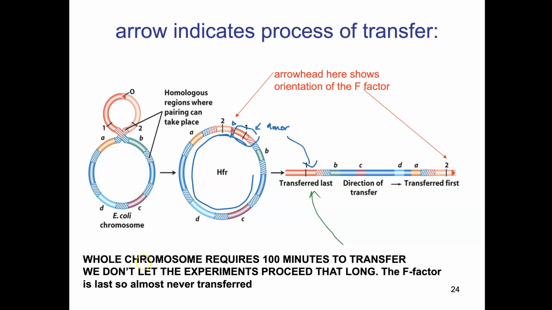Now, the transfer of the whole entire bacterial chromosome, on average, it's usually around the same size, and it takes about 100 minutes, so a little over an hour and a half to transfer. In the kind of work that is done, we don't actually let the experiment proceed for that long. So the F factor is almost never even introduced into a bacterial recipient cell.